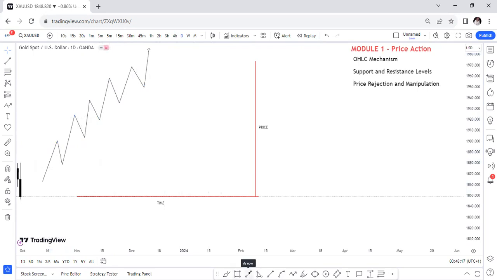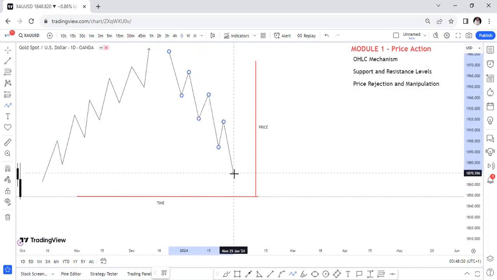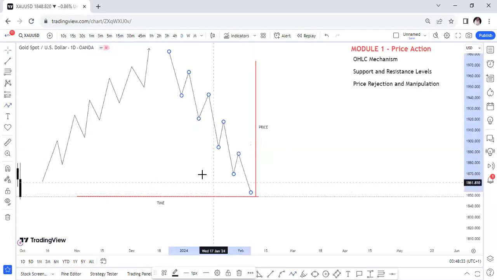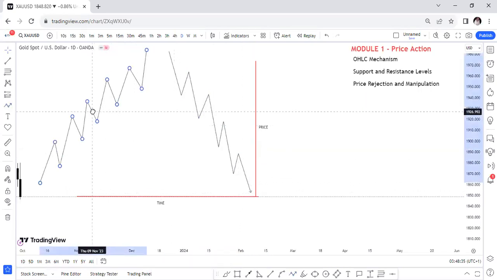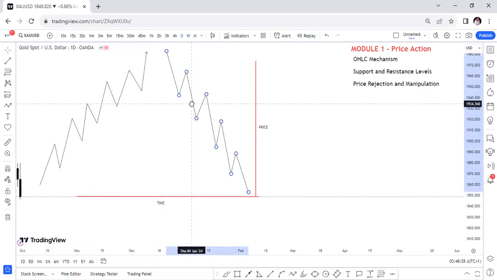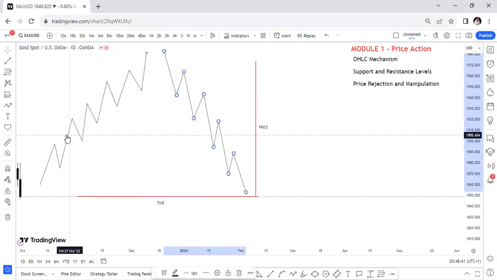For sellers, it means the falling of market prices along the chart. So this is buying, this is selling. Selling is price falling below the demand level, while buying is rising above the supply level.